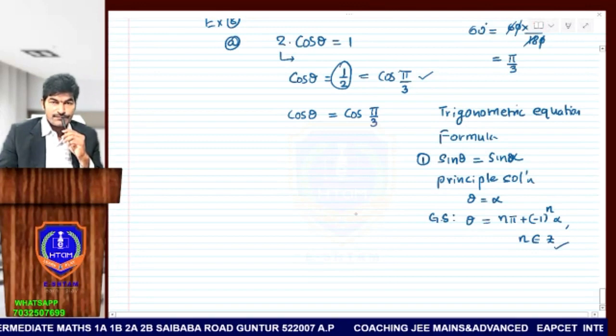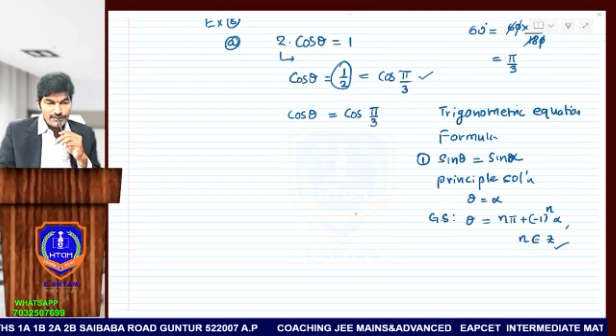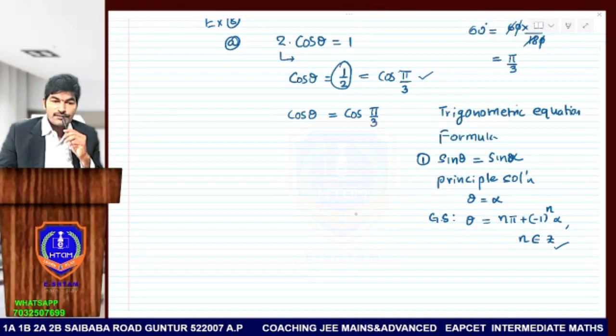It is an integer. Understood? So how many values exist for n? Because Z, the set of integers, is infinite, the trigonometric solutions also exist infinitely. But in the problems, he is not asking for infinite solutions.